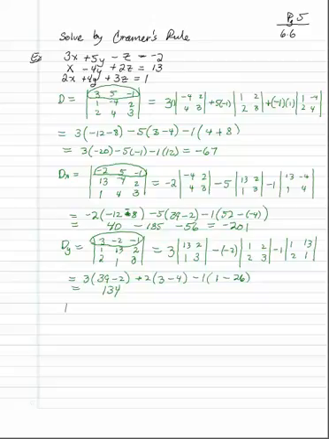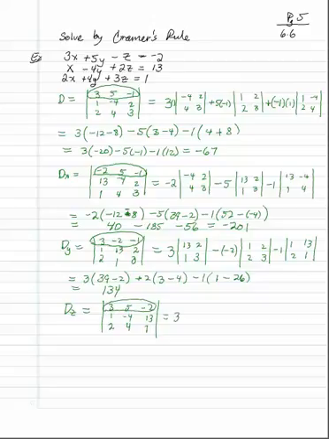And then let's do d sub z, and then we'll be ready to get our answer. So again, take the coefficient matrix, 3, 1, 2, 5, negative 4, 4. Take the z column out, put in the constants, so negative 2, 13, 1. Okay, we're going to expand by the first row again.